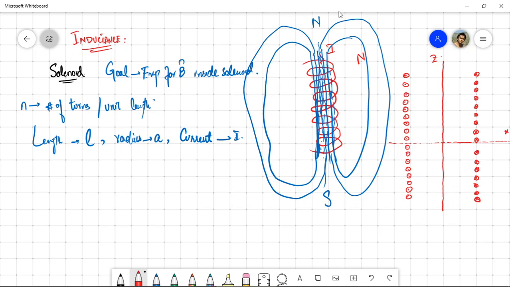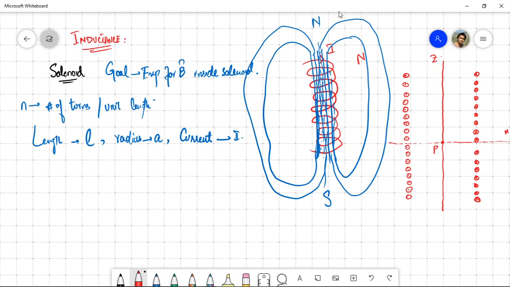So I think you can understand that we have drawn this solenoid here. We just have eliminated these lines. So we've shown the direction of current by means of crosses and dots. What we are trying to do is find the magnitude of B at this point, which is on the axis of this solenoid.